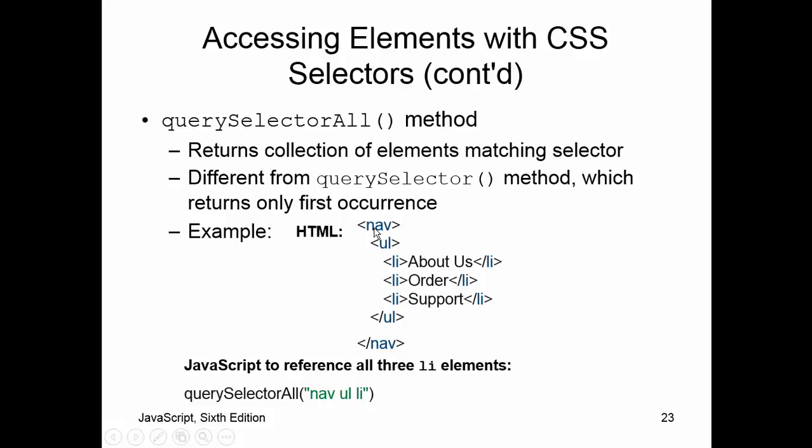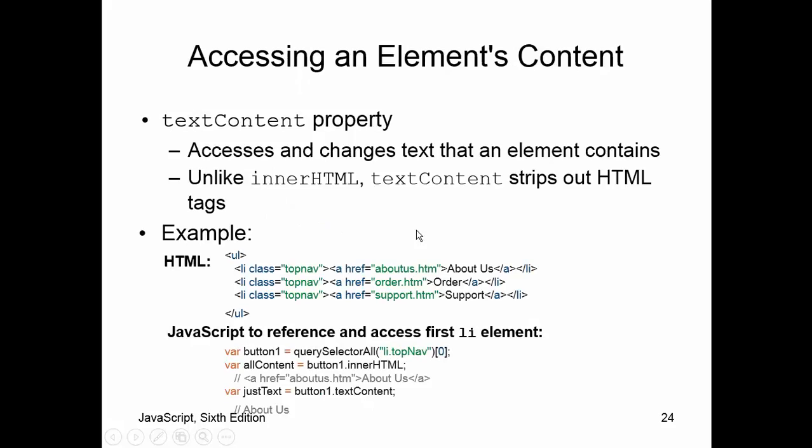But if instead of querySelectorAll, which is going to return all three of these, we just said querySelector nav ul li, it would only return the first one, which is about us.